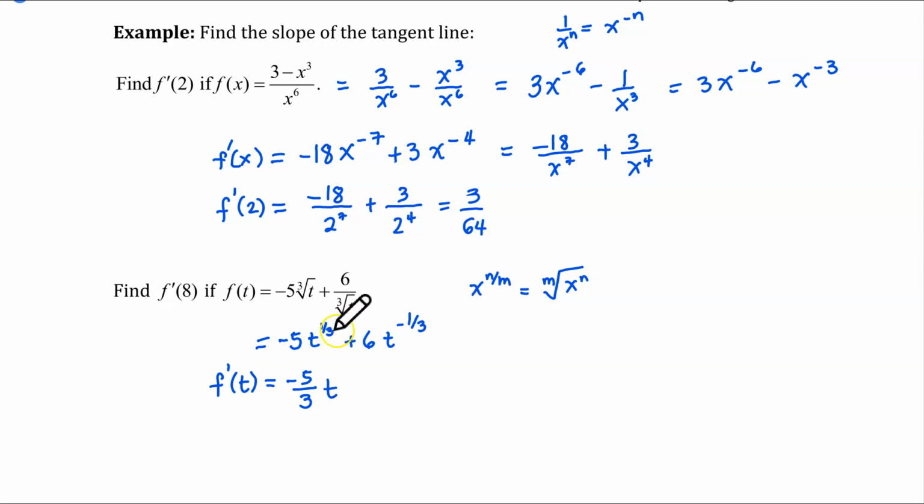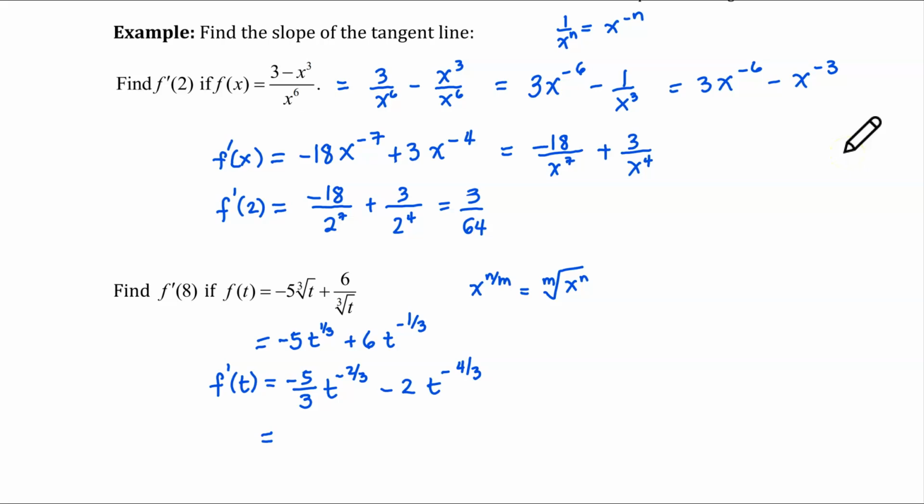Now 1/3 minus 1 is negative 2/3. Plus 6 times negative 1/3 is equal to negative 2. So that's negative 2 t, and then negative 1/3 minus 1 is negative 4/3.